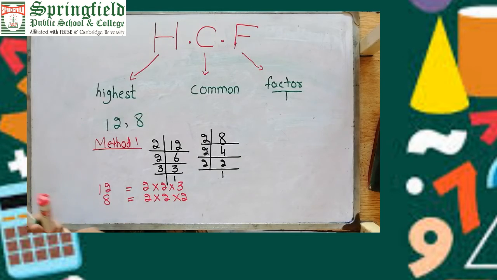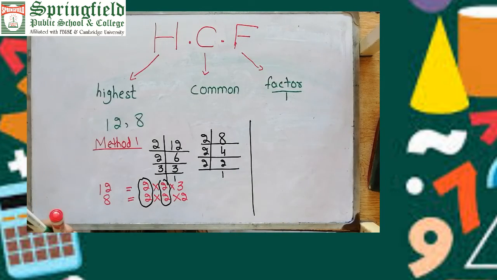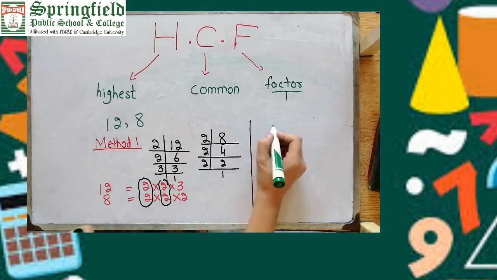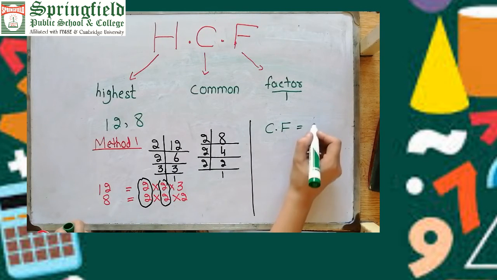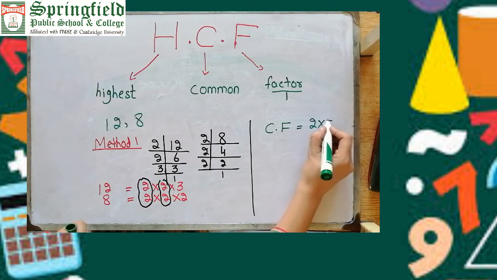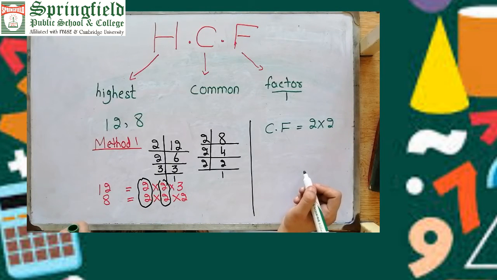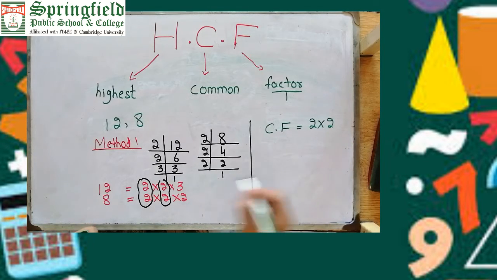Then make pairs of common factors. 2 is common, again 2 is common, and no more. So first we write the common factors: 2 multiply 2, and this form is called a product form. So CF is equal to this.